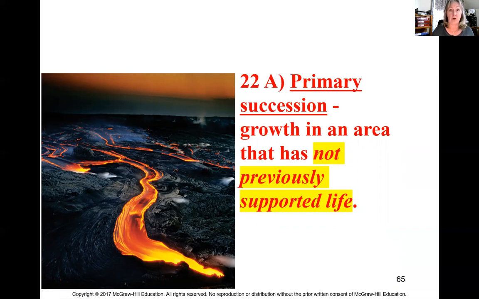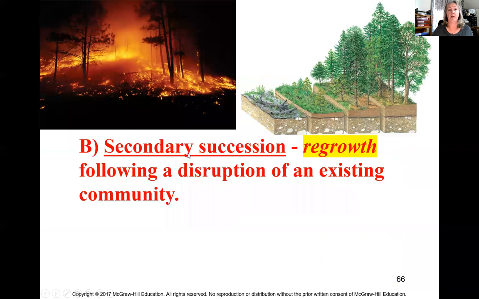Before anything would ever grow, you've got to have water and erosion that's going to break that lava into small particles enough to make soil. So primary means first, an area that has never supported life, or all that life was destroyed.